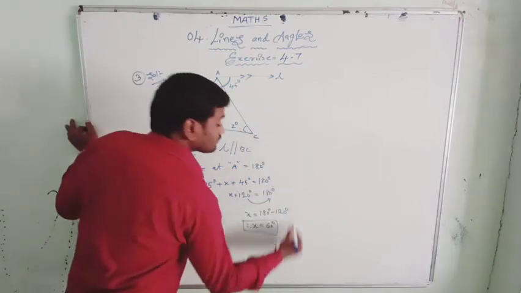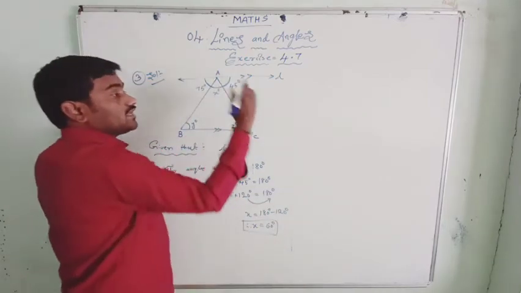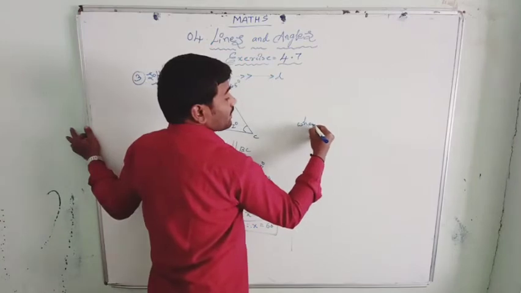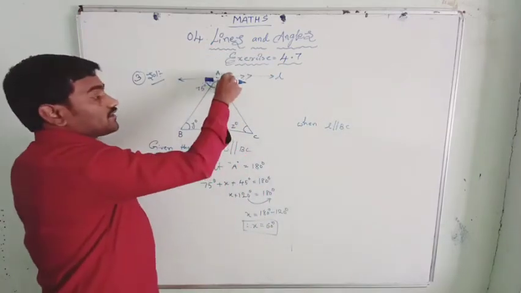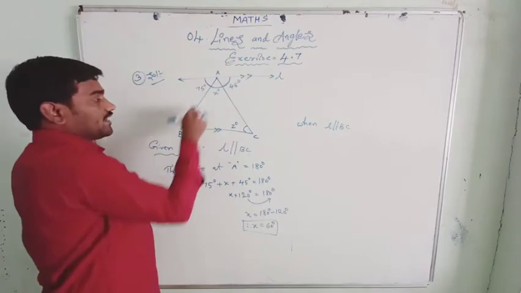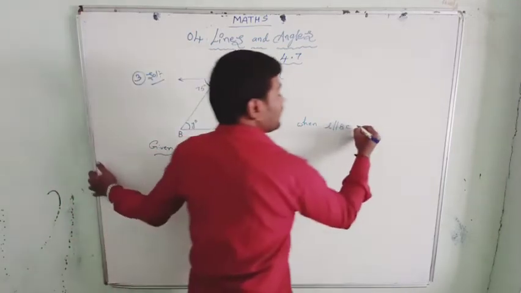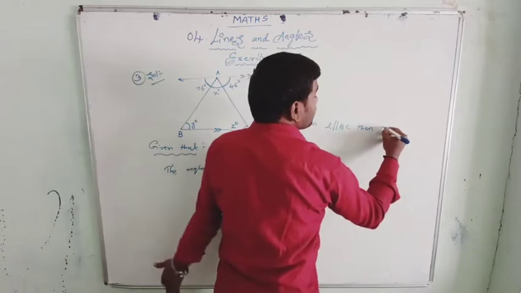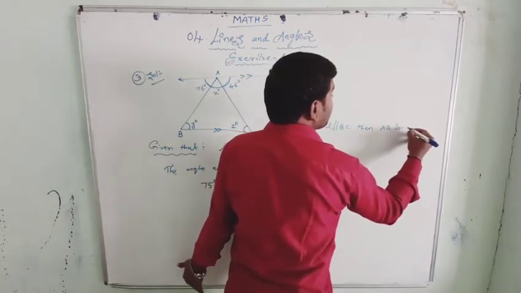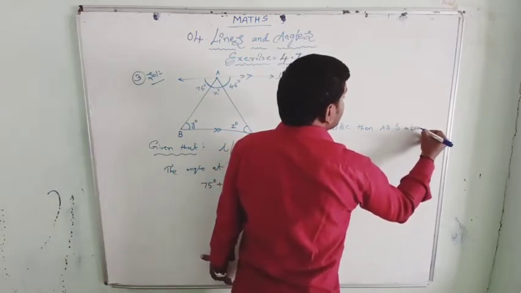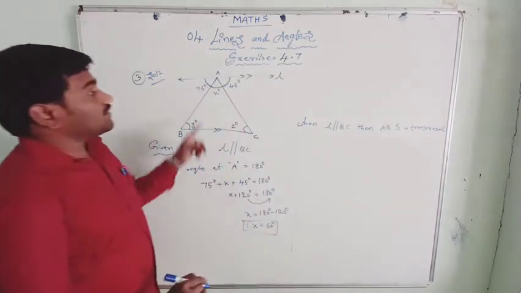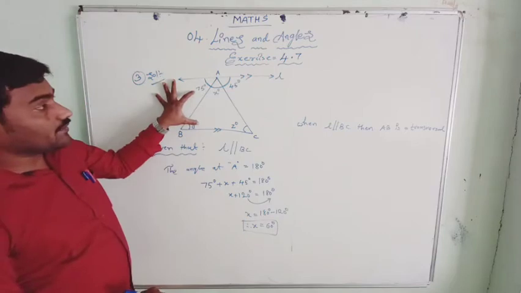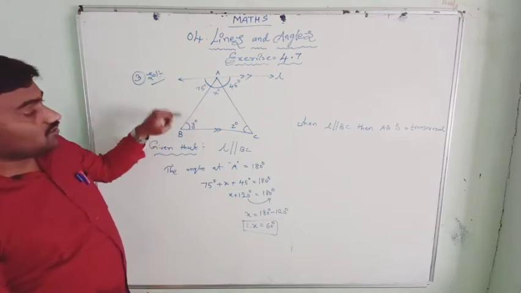Then next, when L is parallel to BC, see that for these two parallel lines, here AB is a transversal. If AB is a transversal, then alternate interior angles are equal.